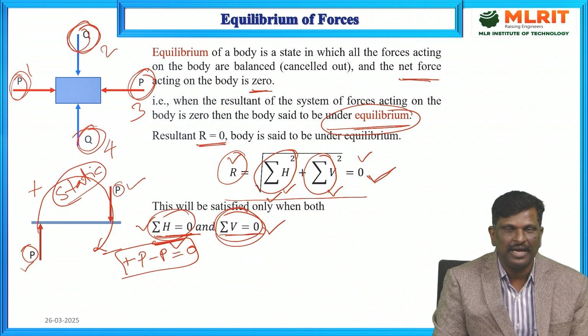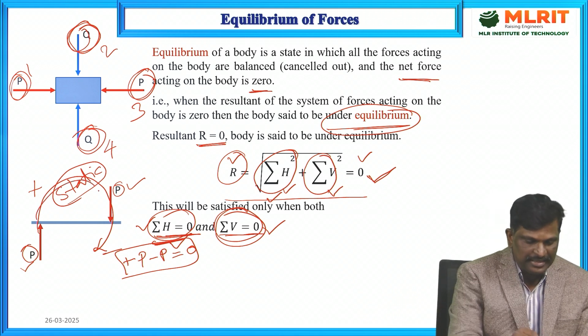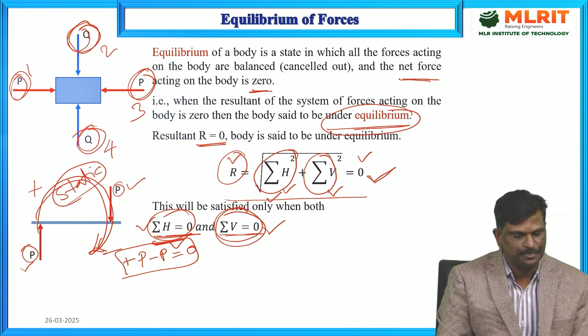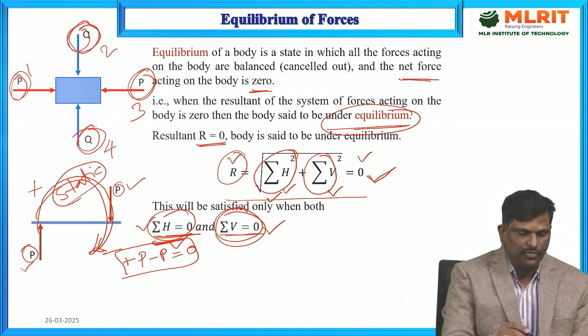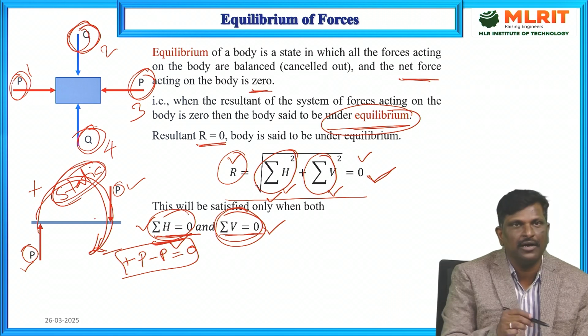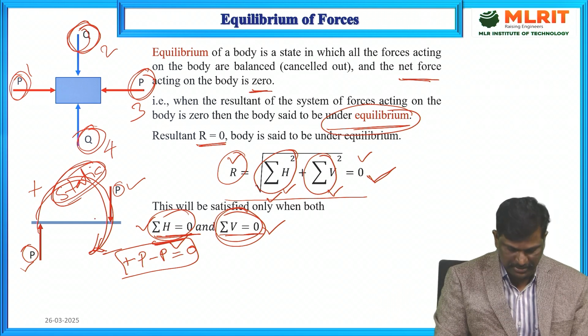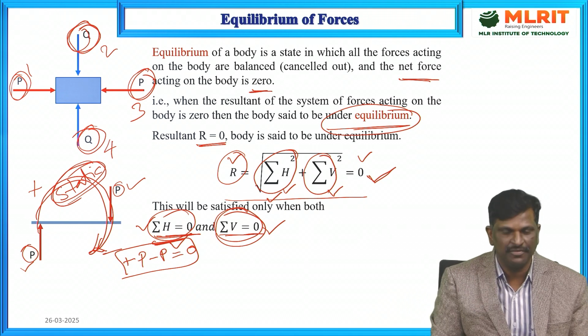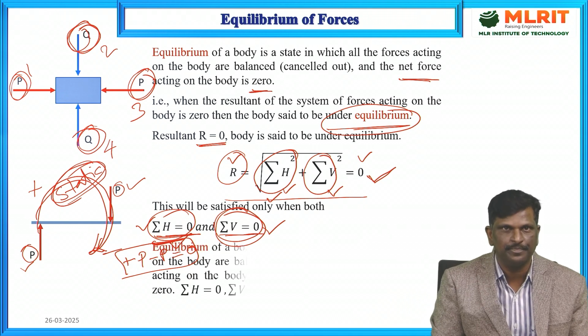Two equal unlike parallel forces form a couple. So it has a tendency of rotation in the clockwise direction. So we cannot say the body is under static equilibrium unless the couple or moments are also balanced. That's why we are introducing one more word into our previous definition of equilibrium.